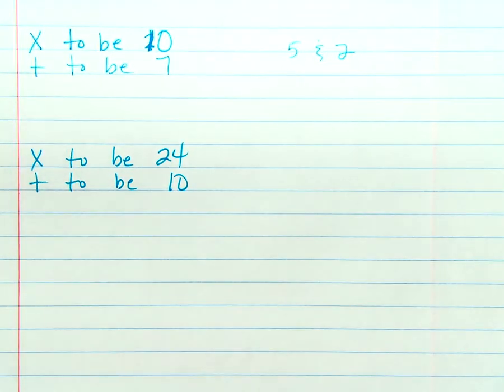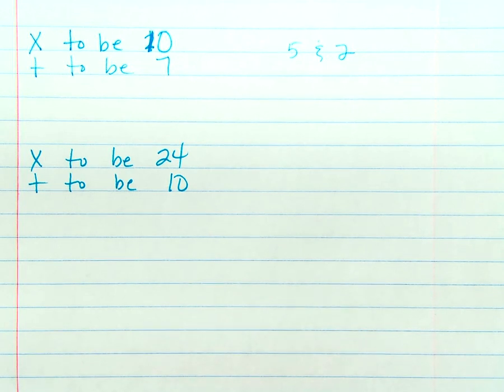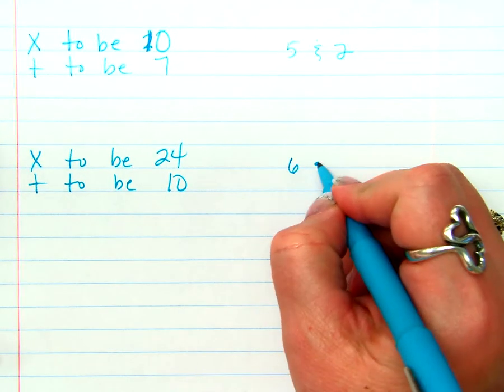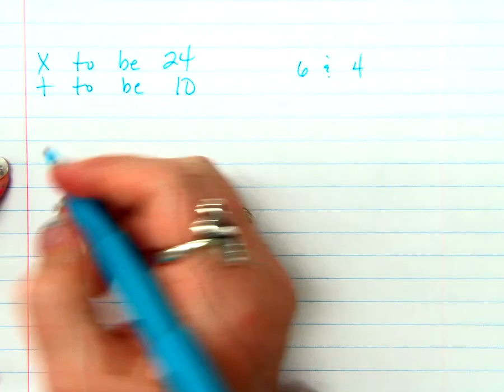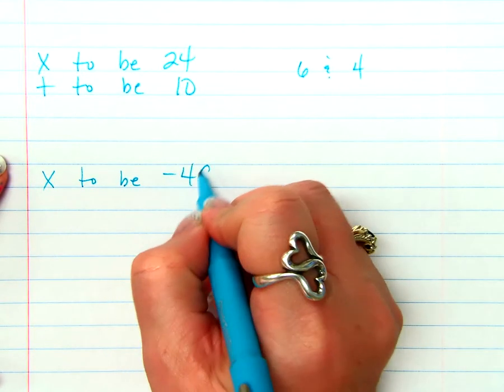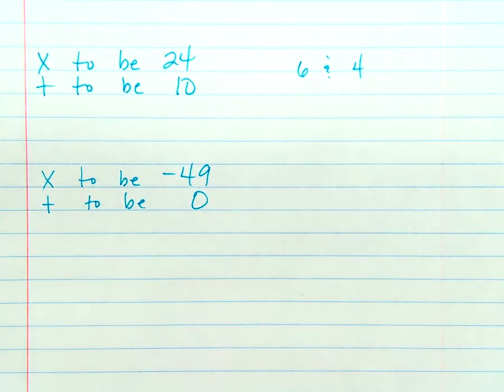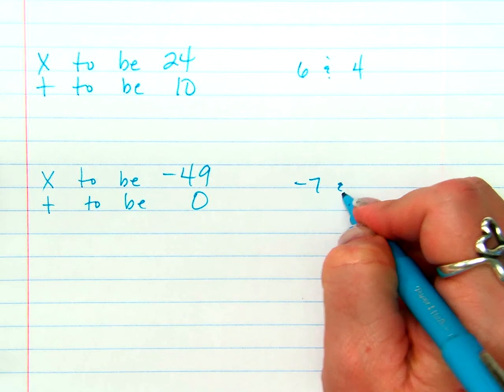Wait 5 seconds. Now tell me. 6 and 4. What two numbers multiply to be negative 49 and add to be 0? Negative 7 and 7.